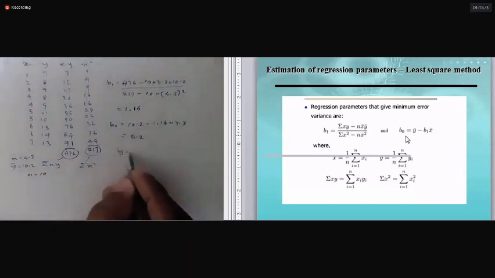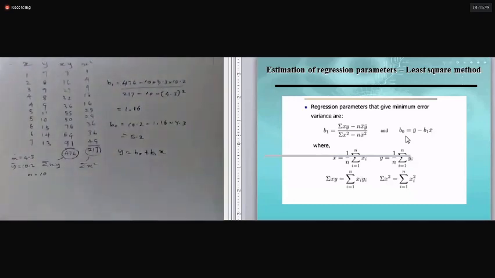Then our equation is y equals b naught plus b1 x. So y equals 5.2 plus 1.16x. Okay, so this is the mathematical relationship between these two variables, but it is not the exact relationship. This is the best relationship that we can find, because when we draw the line to represent all the plots, we draw the line of best fit.